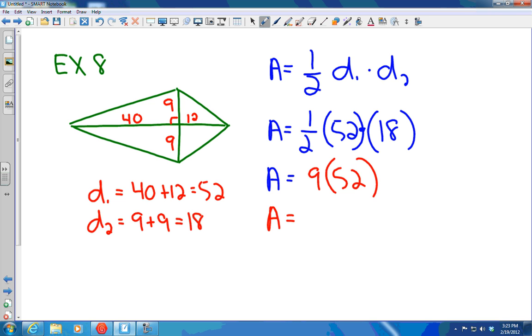And 9 times 52 is 468. 520 minus 52, 468. And we didn't put a unit of measurement here, so we'll just say units squared. Area is always some units squared. And that's it. That's the area of parallelograms, triangles, trapezoids, rhombuses, and kites.